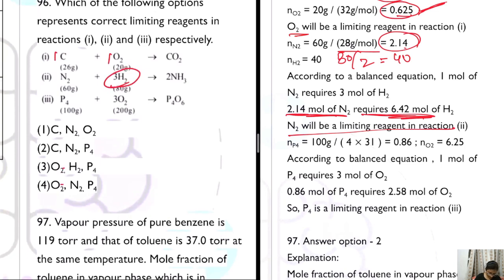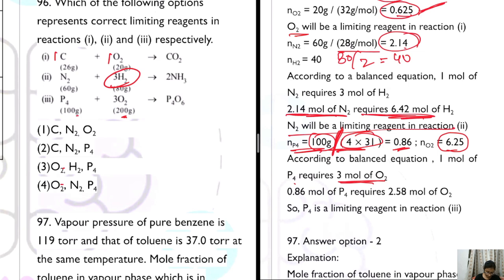For the next, we have P4 and O2. So for P4, this would be moles, into 4 into 31. That would be divided and we'll get 0.86. For O2, we'll get 6.25. So P4 will require 3 mole of O2.